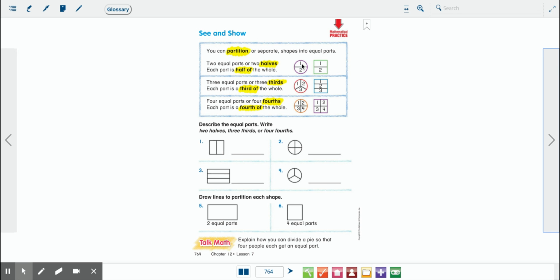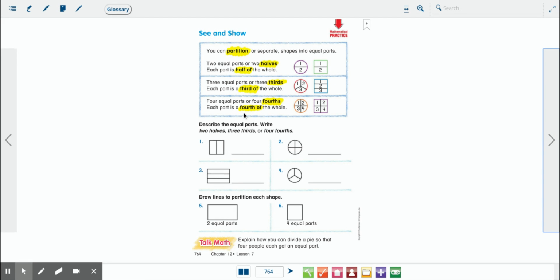See how this is 1/2 of the circle, and this is 1/2 of the circle. Or this piece is 1/2 of the square, this piece is 1/2. 3 equal parts, or 3/3. Each part is a third of the whole. So when you break it up into 3 equal parts, 1/3, 1/3, 1/3, 1, 2, 3.